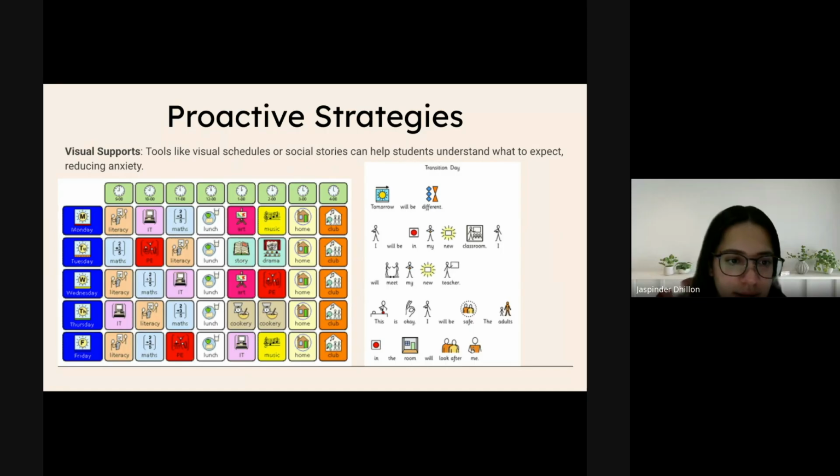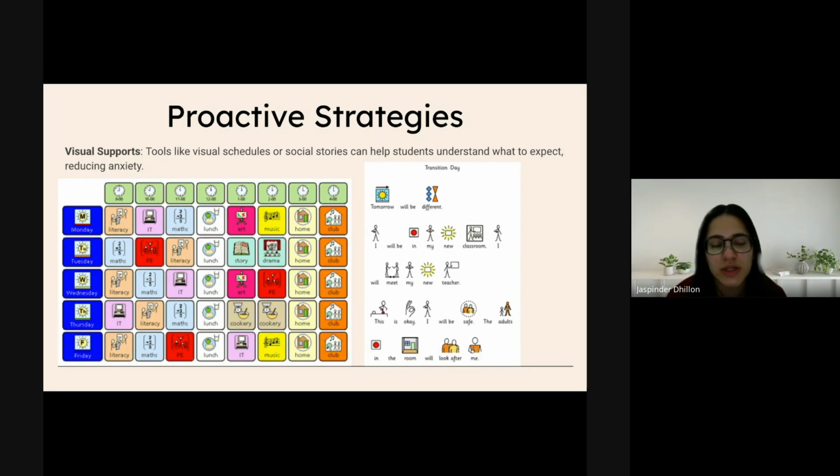On the image on the right is an example of a social story for a child preparing for their first day of school with a new classroom and a new teacher. So they're saying, tomorrow will be different. I will be in my new classroom and I will meet my new teacher. And reminding them this is okay, I will feel safe, the adults in the room will look after me.